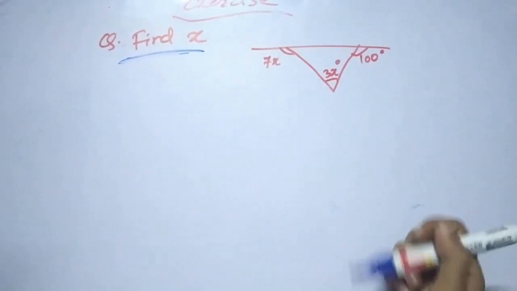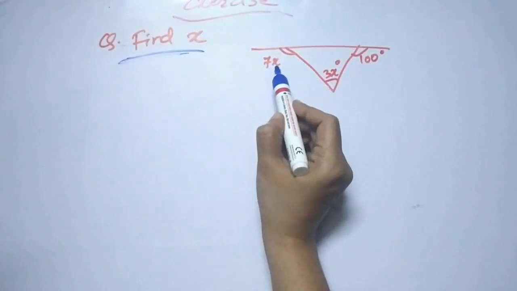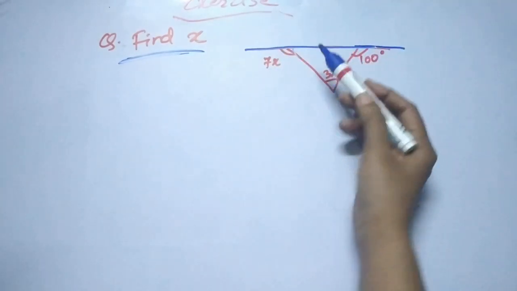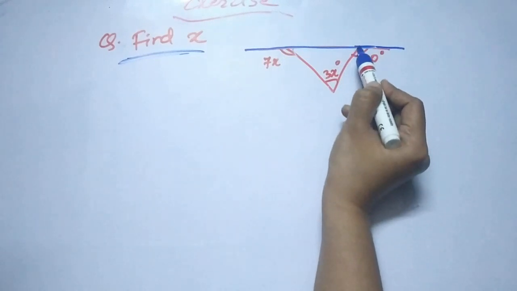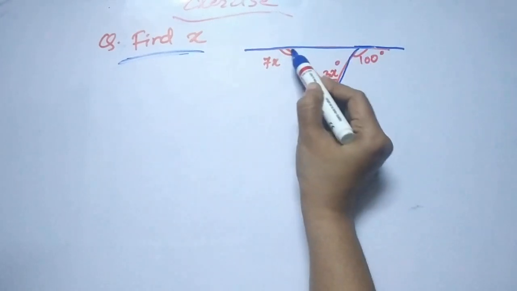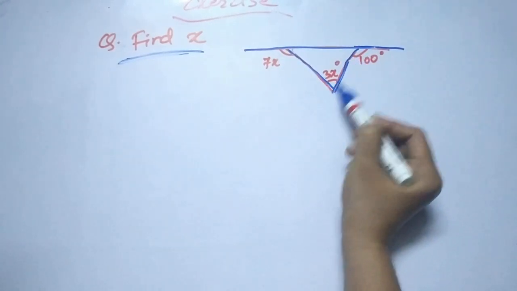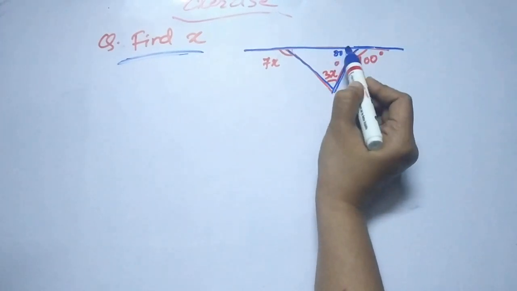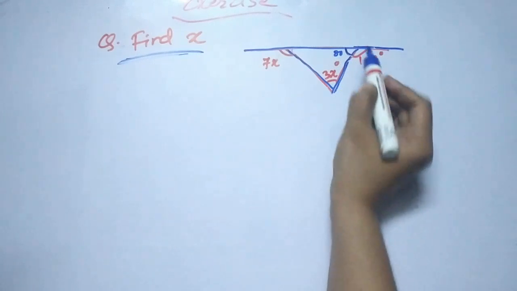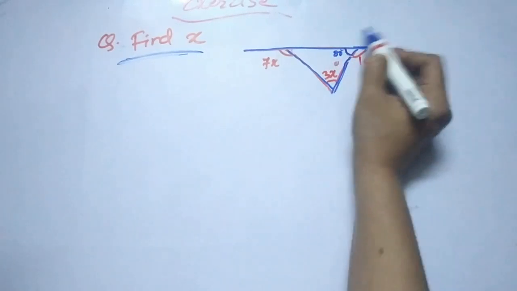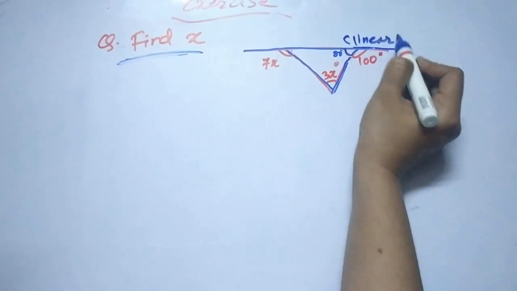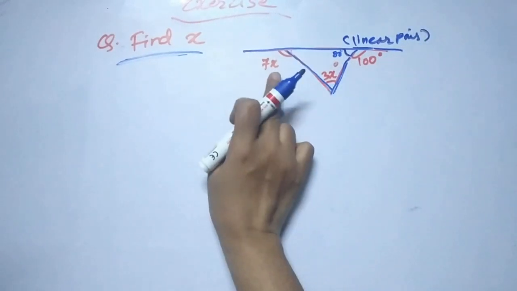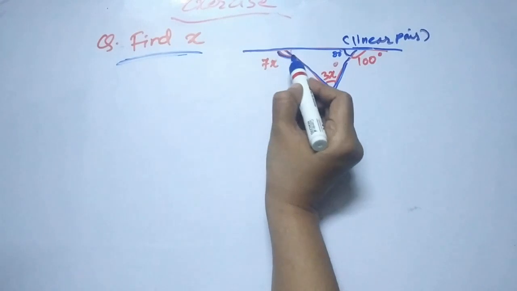So friends, now in this question also we need to find out this x, and it is given in this triangle here. Just assume this is 100 degrees and this is a triangle. So what is this angle? This is a linear pair here. So this is 100, this means it will be 80 degrees, because these are linear pair angles. Now this 7x is the exterior angle here.